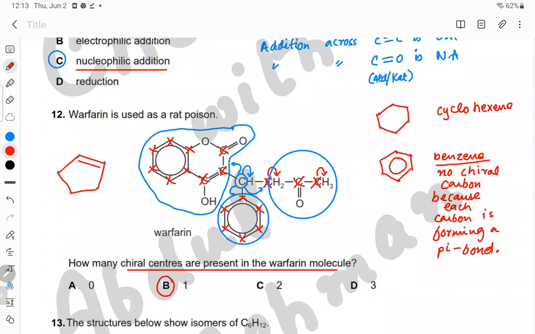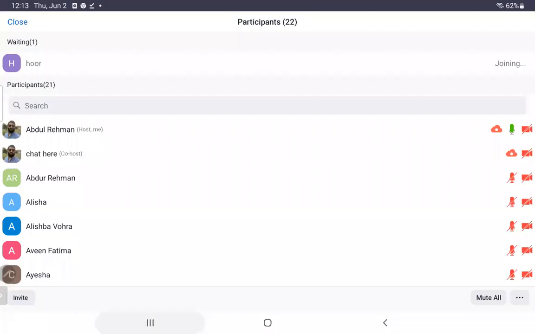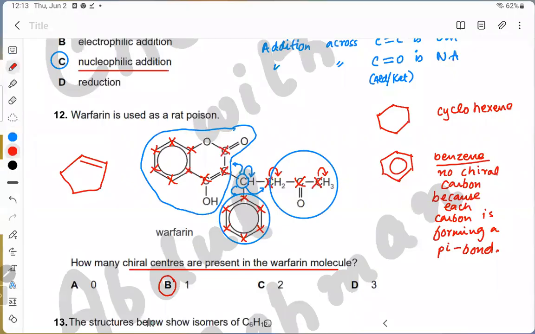Okay. Now the structure below shows isomers of C6H12. In which pair are the members cis trans isomers of each other?